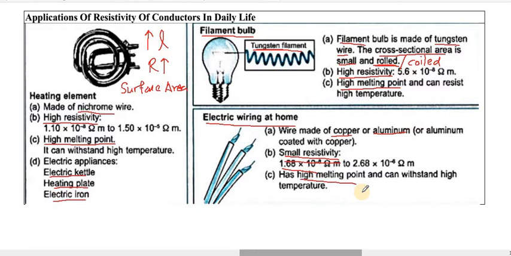Your phone becomes hot, your TV becomes hot, your computer becomes hot, your laptop becomes hot. The reason is because there is resistance in the wiring in all of these electrical appliances. The electric circuit inside your handphone has resistance, although very small, but it still has resistance. The electrical circuit in the television also has resistance.